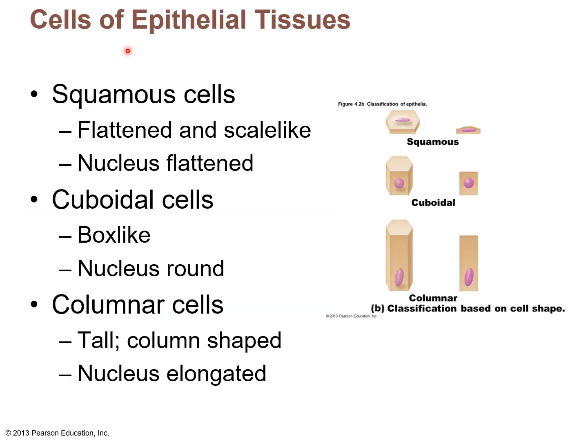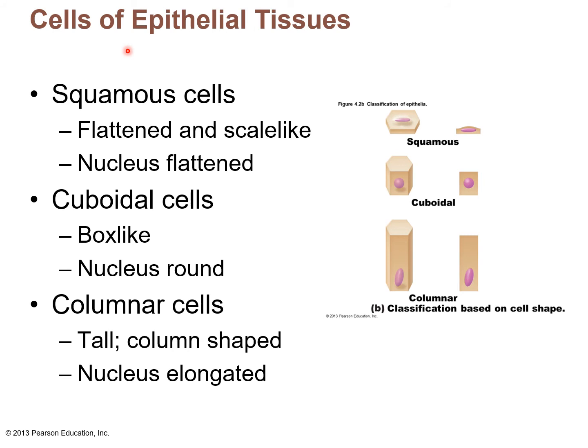So as we said, when we are naming our epithelial tissue, first mention how many layers it contains. So either say simple or stratified, for example, and then next you would explain how the cells look. If they are flat, they are squamous. If they are cube-shaped, then they are cuboidal.